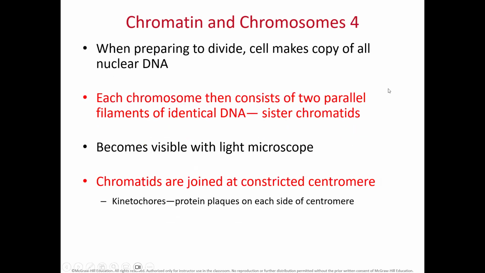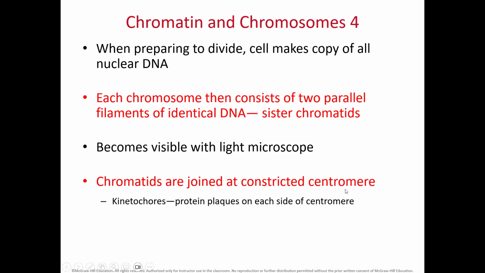Each chromosome consists of two parallel filaments of identical DNA. We call them sister chromatids, and this happens right before we have cell division. When we have sister chromatids, that means we have already undergone DNA replication, we've doubled the DNA, and now we have what should be two chromosomes. But since the chromosomes are linked together by the centromere, we call them sister chromatids. Chromatids are joined by a constricted centromere.